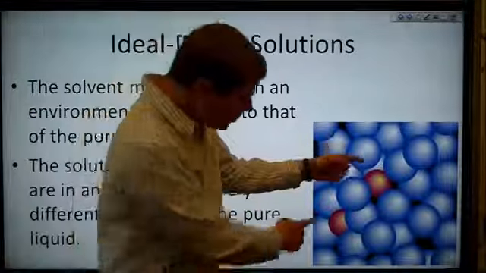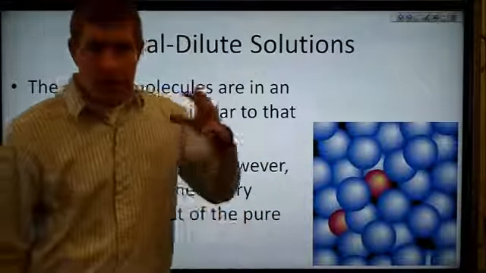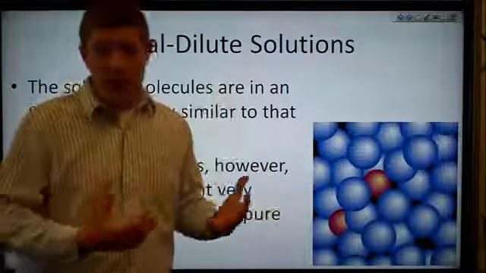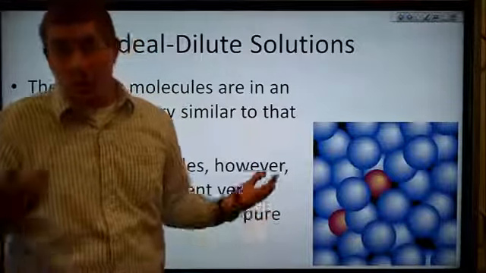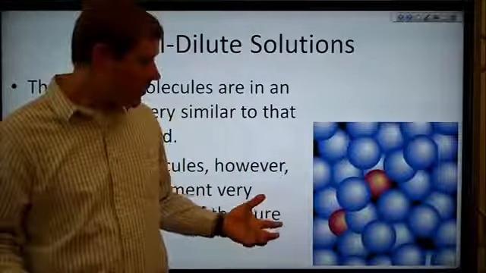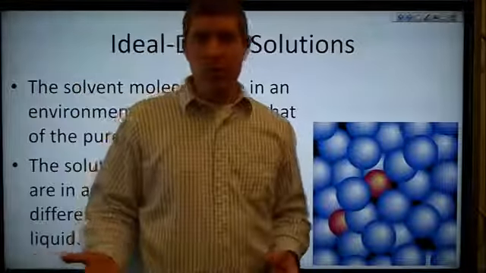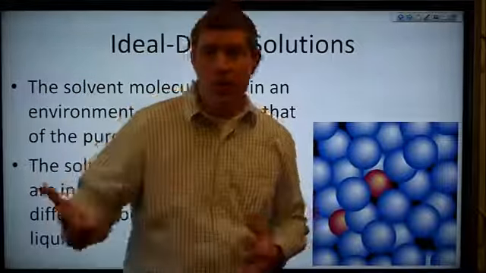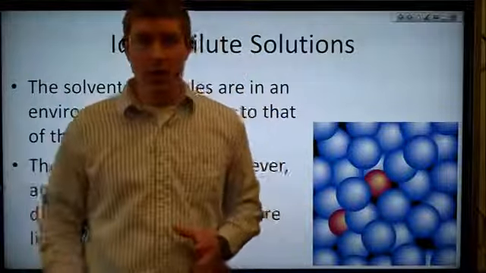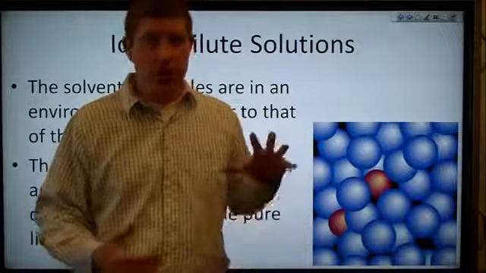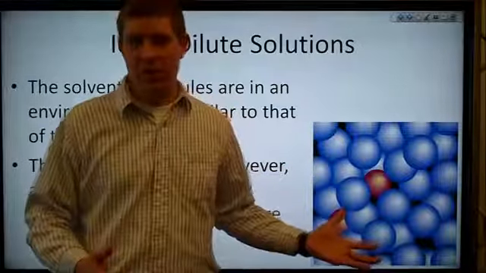But when we replace those two solvent molecules with solute molecules, the environment looks almost the same for most of the solvent molecules. For a few of them, you've replaced a neighbor that was a solvent molecule with a solute molecule of some different chemical species. But most of them are in about the same environment.